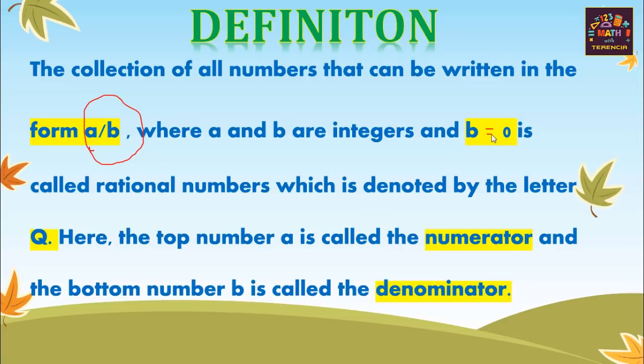So numbers in the form of a fraction are called rational numbers. The number on the top is the numerator, the number down is the denominator. We denote natural numbers as N, whole numbers as W, integers as Z, and the rational numbers are represented by the letter Q.